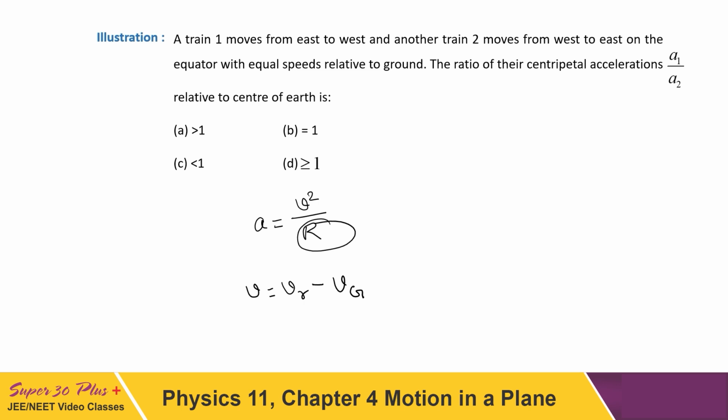Whereas for the second train, if this is V1, let that be V2, V2 will be equal to VR plus VG because these two velocities are in the same direction. So if we substitute the values of V1 and V2 in place of V while writing the accelerations, we will get A1 upon A2 to be less than 1 because V1 is less than V2, and so the correct option will be option number C.